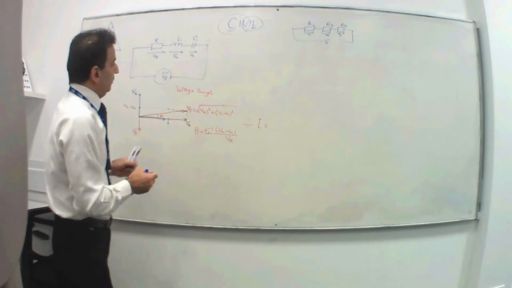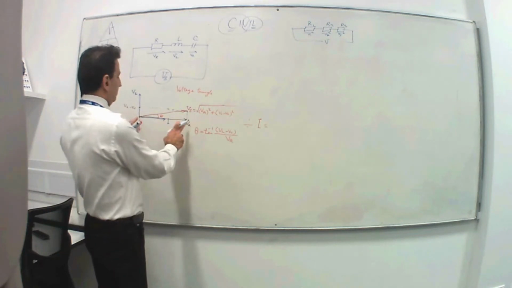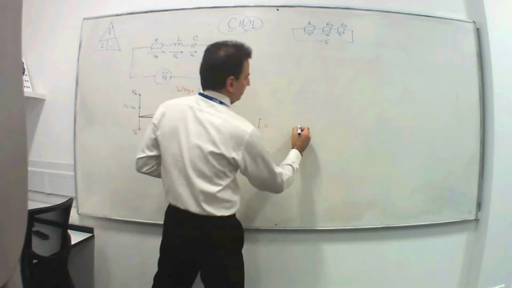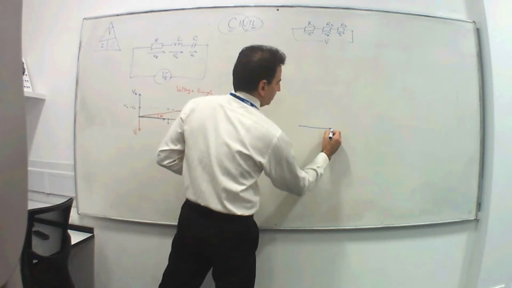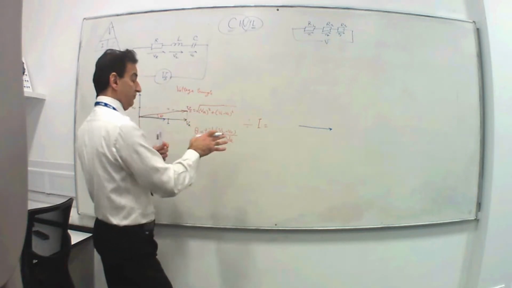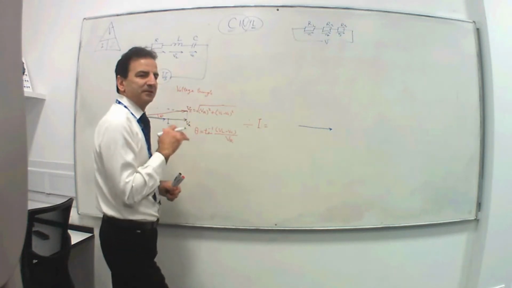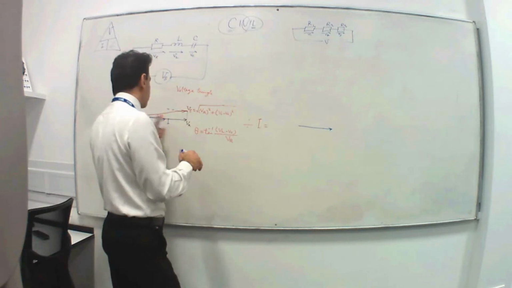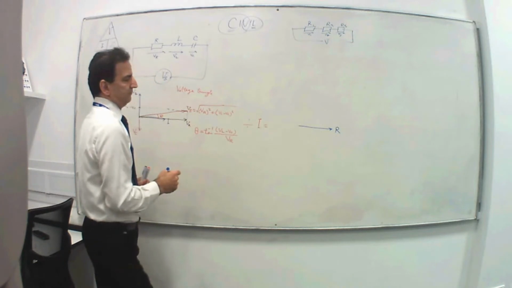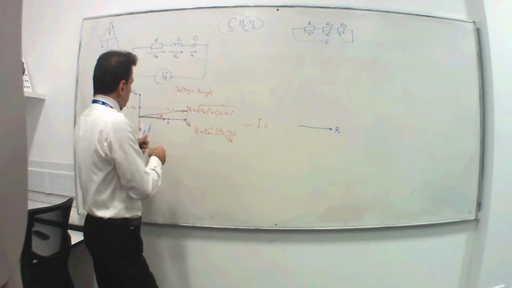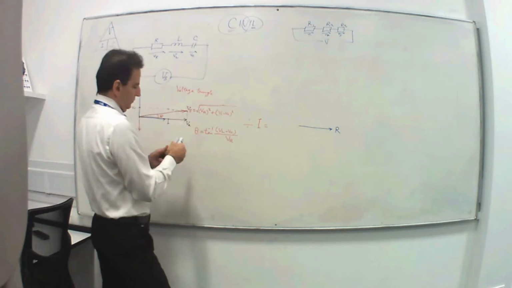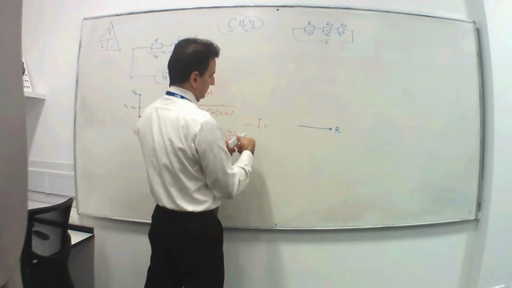So, VR itself divided by I, you would have a straight vector on the horizontal axis, which is R, because VR over I will give you R. This part, VL over I will give you XL.